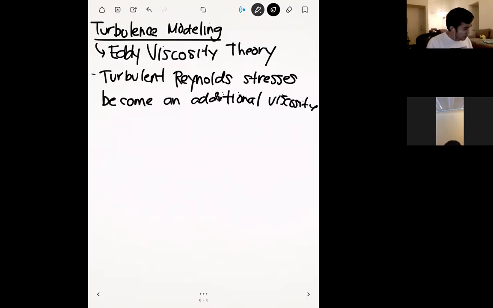So instead of solving for the Reynolds stresses, which requires a solution of two turbulent velocity vectors, what we can solve for is just a single scalar, and that scalar is the turbulent viscosity or eddy viscosity.